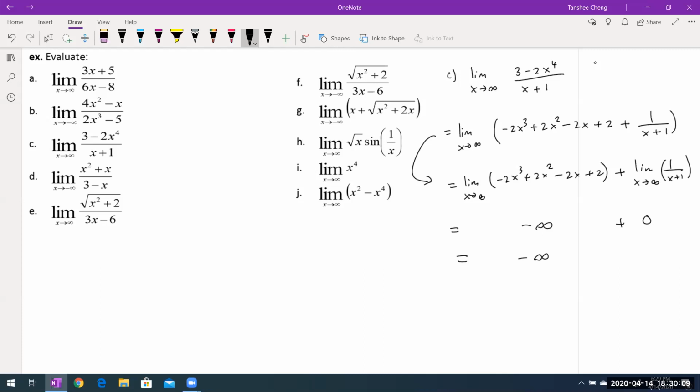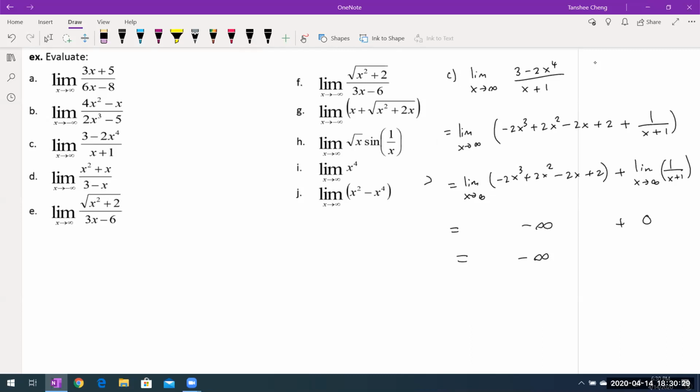However, the idea is that this portion in the function, 1 over x plus 1, is not really going to affect the end behavior of this polynomial function, right? So this will eventually become 0, and then you can just talk about the end behavior.